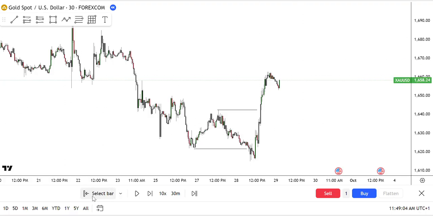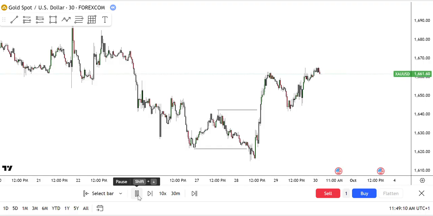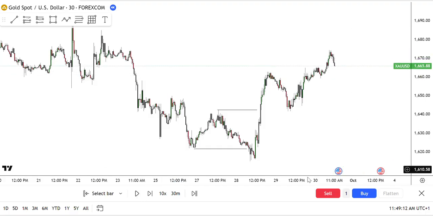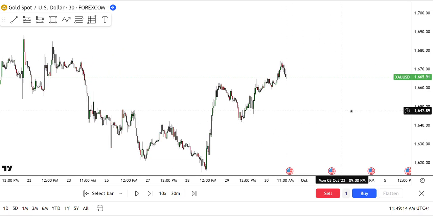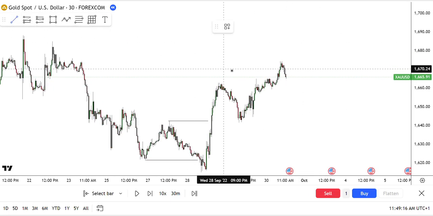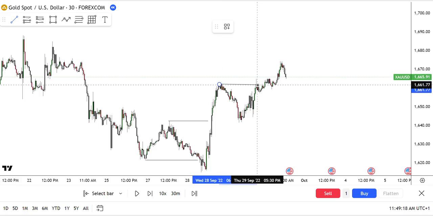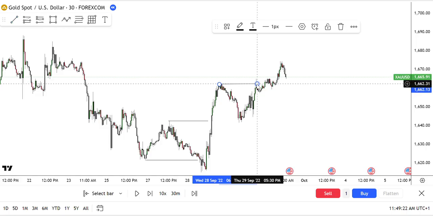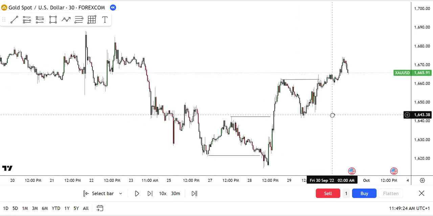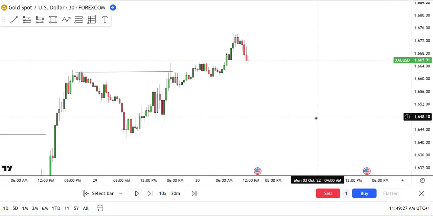And so you see price do this, and then we have a higher high. So this is a confirmation that we are bullish on this particular leg. We are bullish.